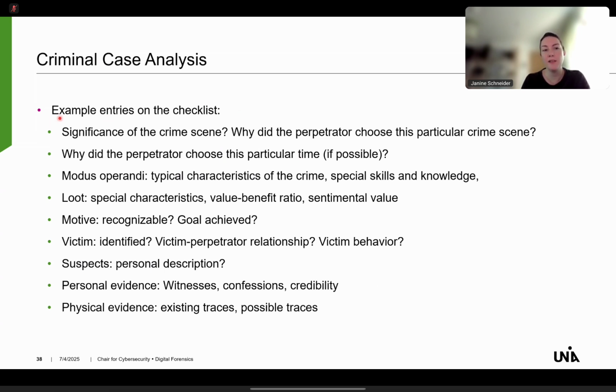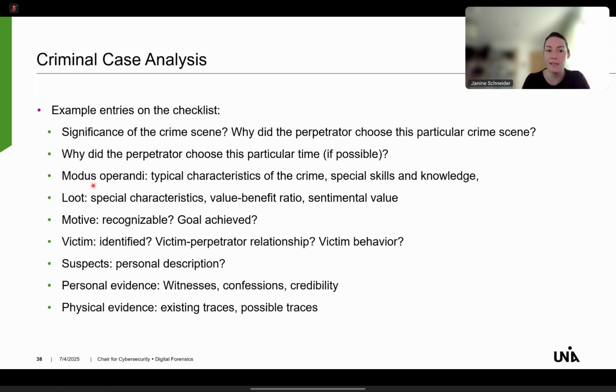We have a couple of example entries on one of these checklists on the slide. For example, significance of the crime scene. Why did the perpetrator choose this particular crime scene? This is aimed at helping form helpful hypotheses. Or, why did the perpetrator choose this particular time?